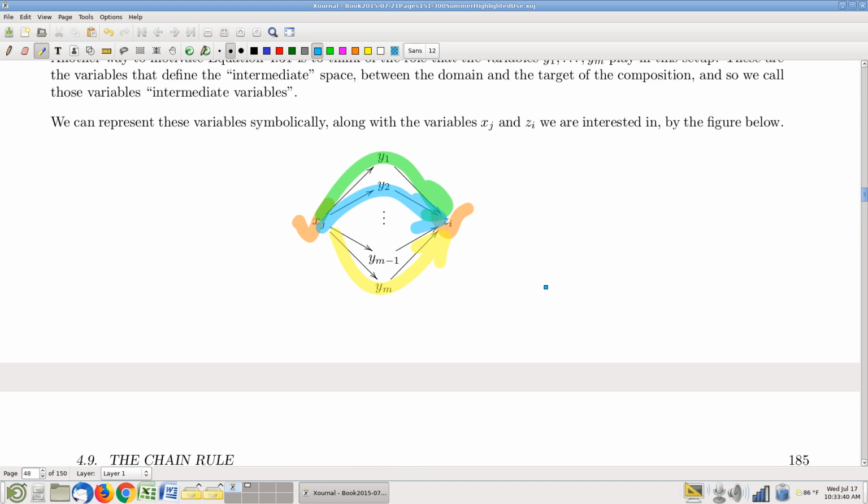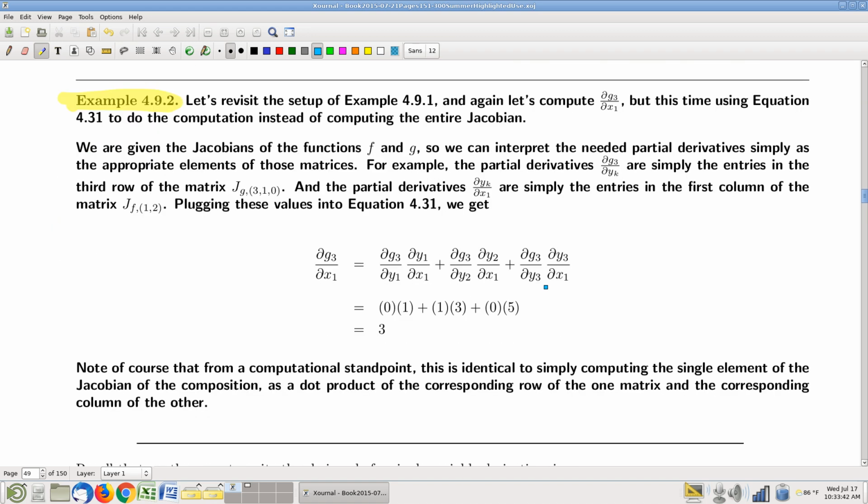You can see that dot product playing out right here: there's that row of the left matrix, here's the corresponding column of the right matrix. And the partial derivative coming from that intermediate variables formula worked out with that arithmetic, and we get the same answer. Didn't have to compute all the rest of the matrix. Okay. Everybody good?